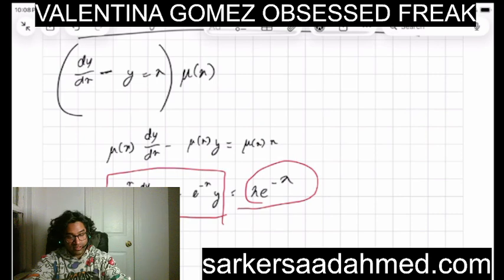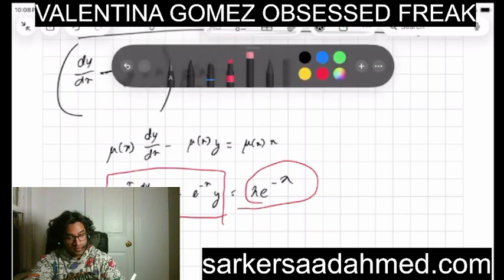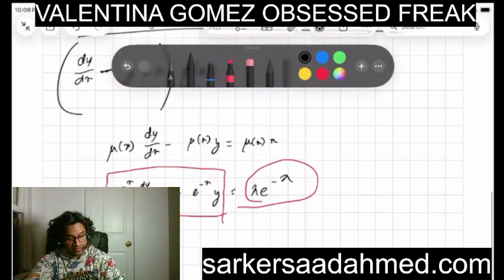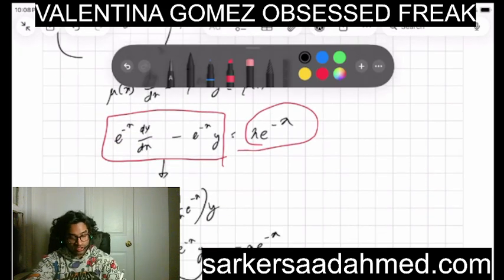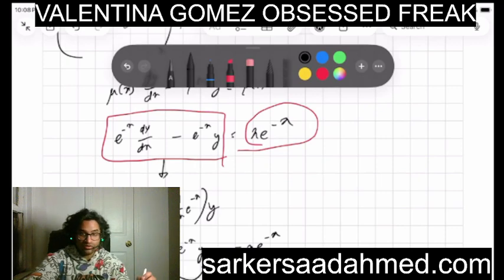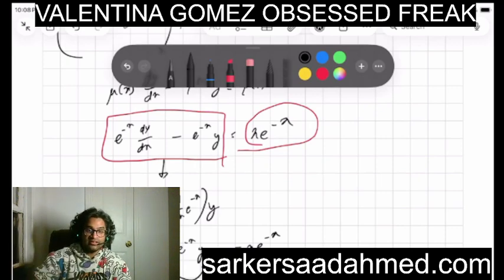So this is written as e to the power minus x dy by dx minus d by dx of e to the power minus x y, which is the same as e to the power minus x dy by dx minus e to the power minus x y is equal to x e to the power minus x, which then correlates to d by dx of y e to the power minus x is equal to x e to the power minus x.